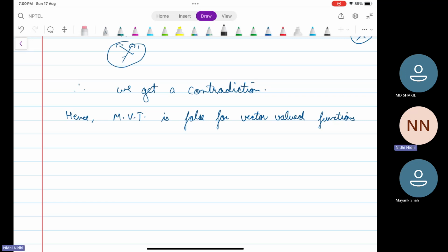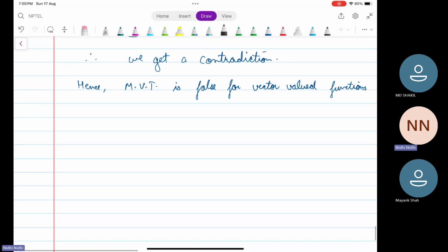Yeah, but in complex analysis, the derivative is not exactly f dash.